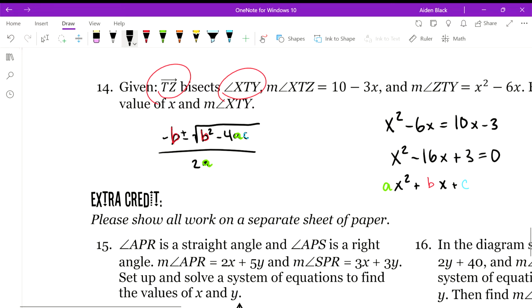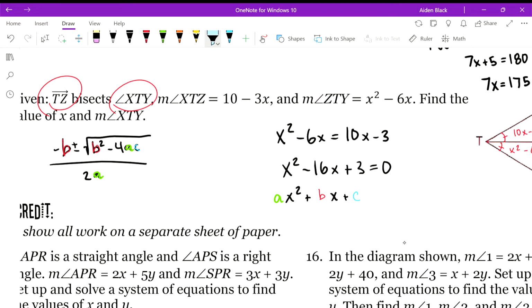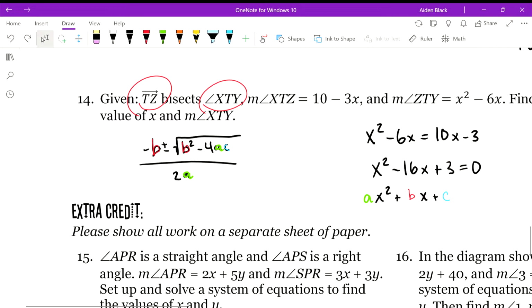So let's just replace those values. As we can see right here, our b is negative 16, and our c is 3. So let's note that. Our a is 1 in this case.